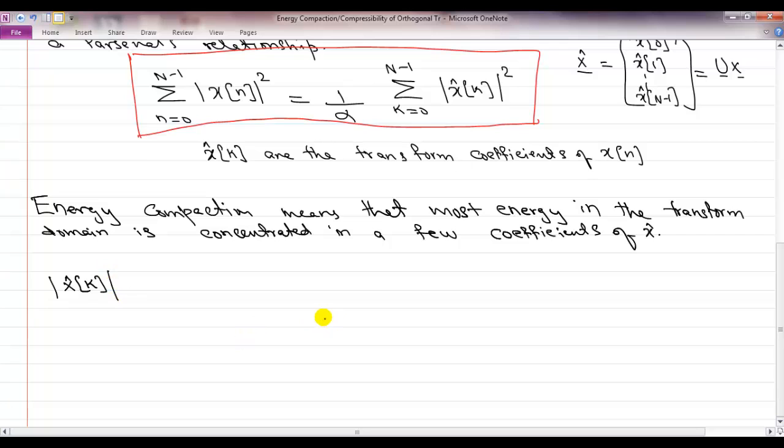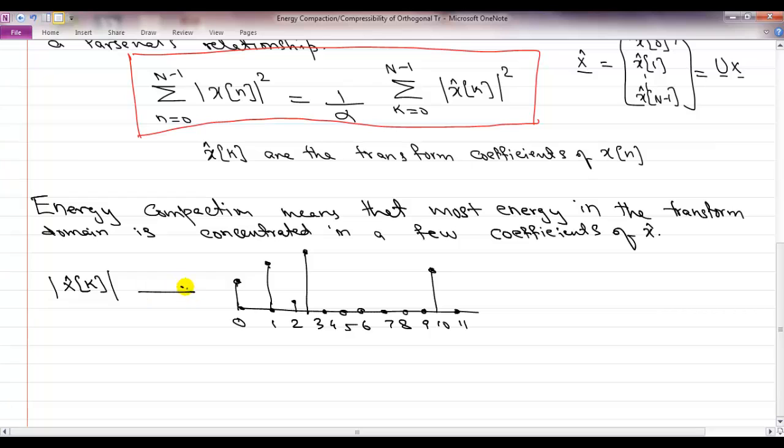And again, I want to say that this x hat could be any transform. It doesn't have to be the DFT. Let's say I look at the transform and it looks like this, with indices 0, 1, 2, 3, 4, 5, 6, 7, 8, 9, 10, 11.